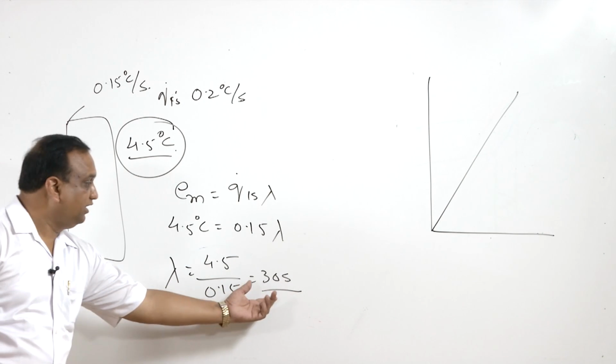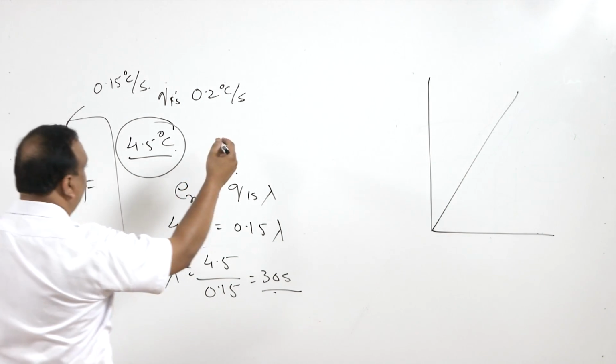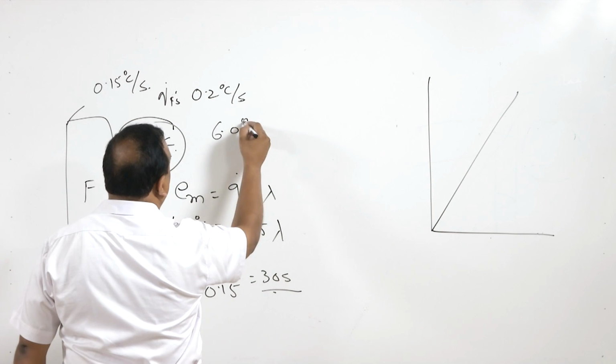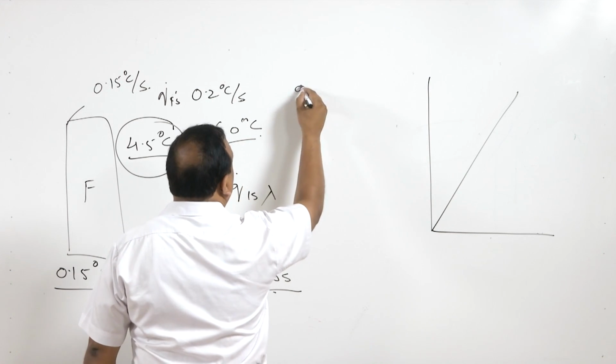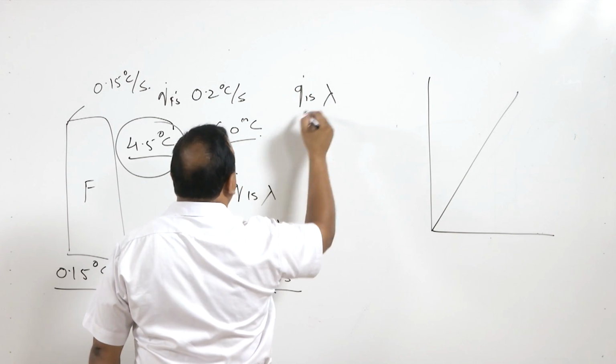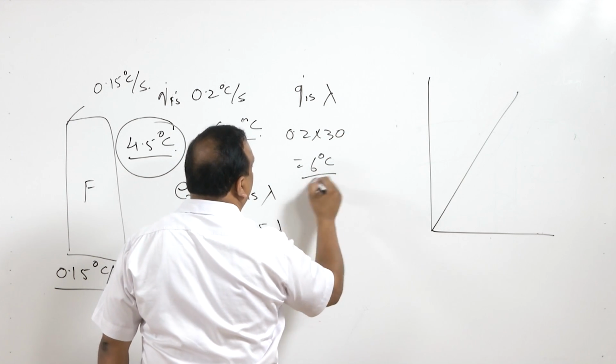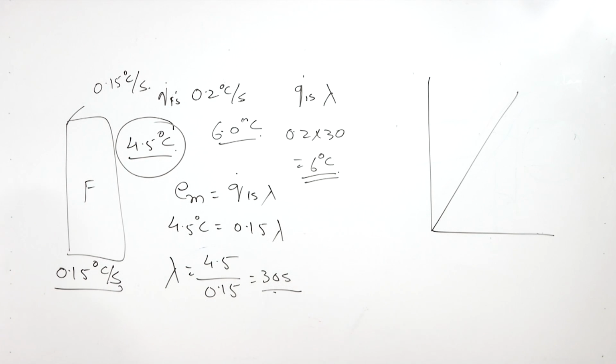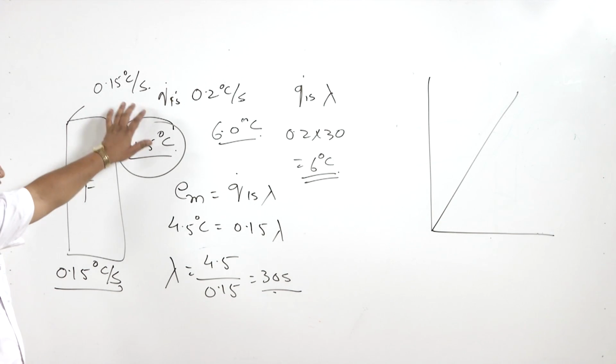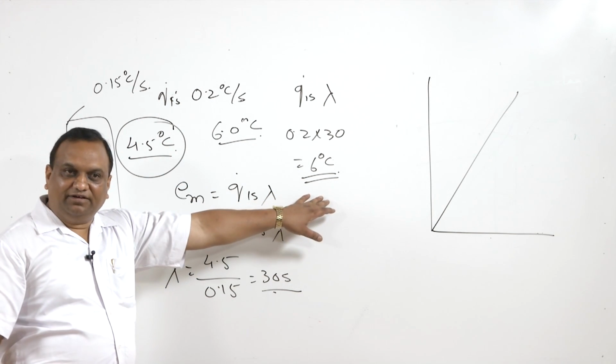The time constant is given as 30 seconds. So it is going to be 6.0 degrees centigrade. Q dot multiplied by lambda, 0.2 into 30, 6 degrees centigrade is going to be the steady state error in the measurement. So we have changed the rate of change of temperature, and the error has increased.